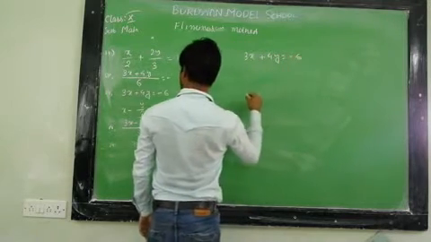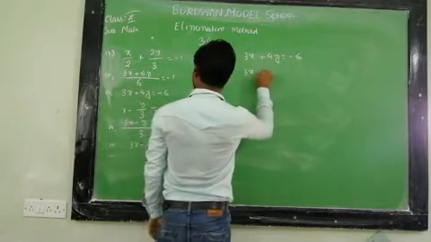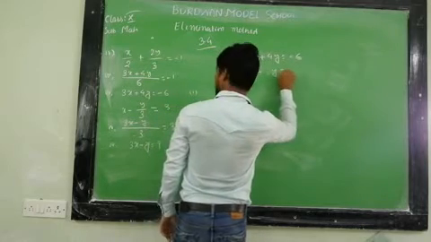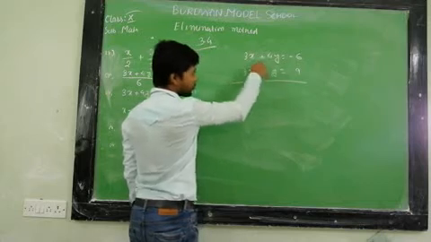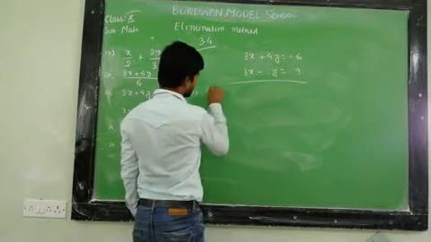Okay, so subtracting equation number 2 from equation number 1, write them: 3x plus 4y is equal to minus 6 and 3x minus y is equal to 9.